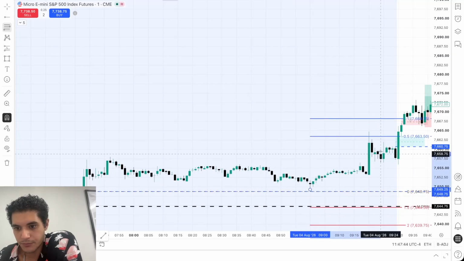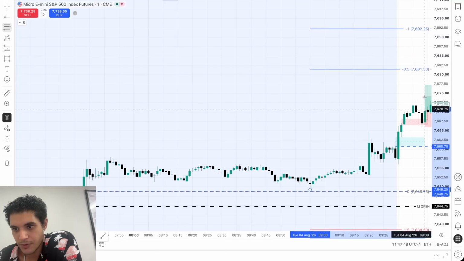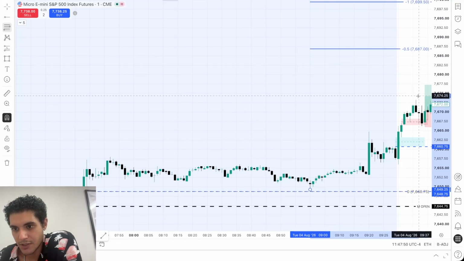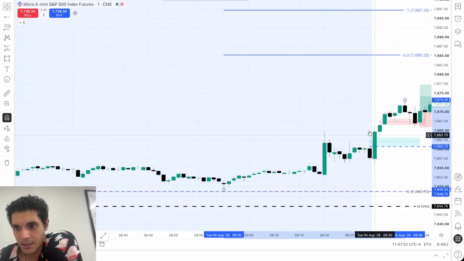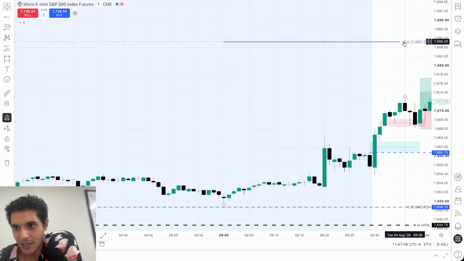So I'm going to look at the range from 9 to about 10. Now obviously I'm in the trade before 10, but I'm just going to mark the 9:36 high for now.